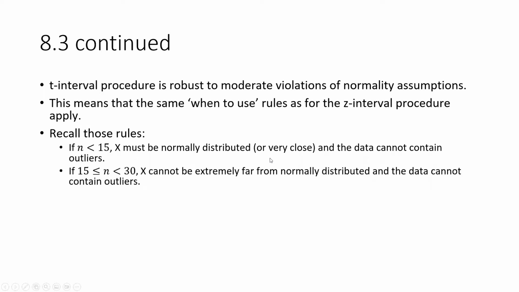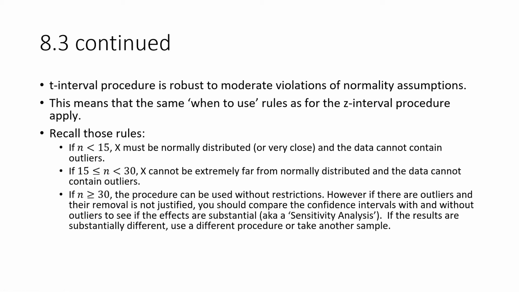If you're in the middle area, between 15 and 29 data points, then X can be a little less normal, but still pretty close. It just can't be extremely far from normal. And again, your data cannot contain outliers.